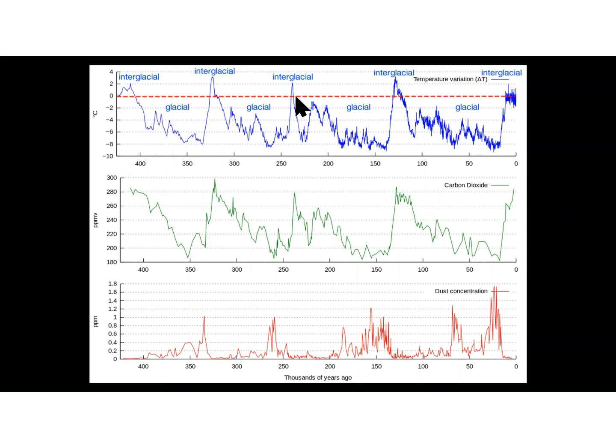And in the top part, you have the temperature. This is as reference 0 degrees Celsius. So this is our Holocene we are in. It's quite long.